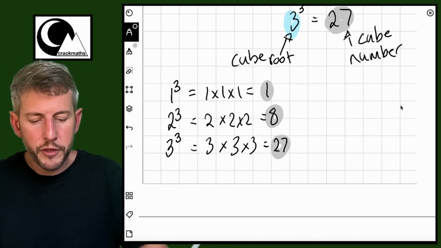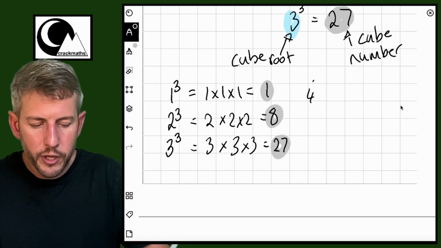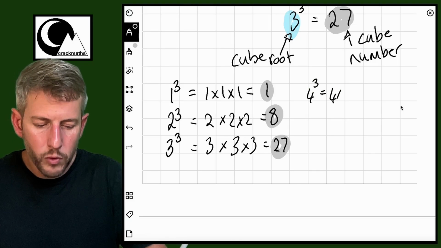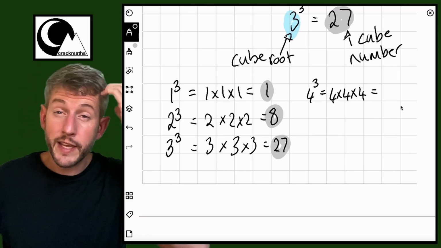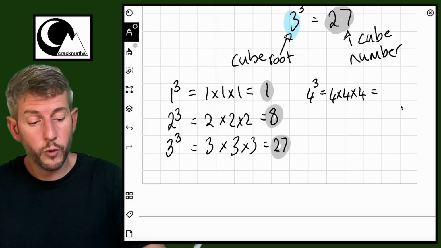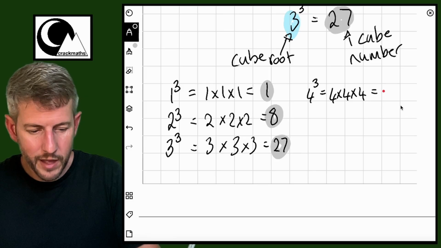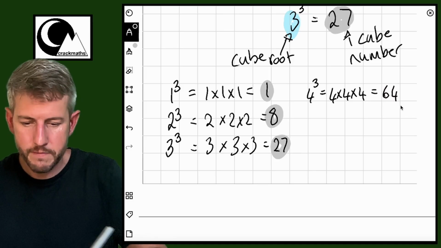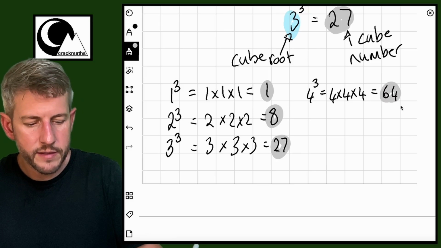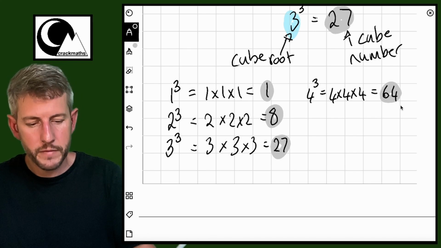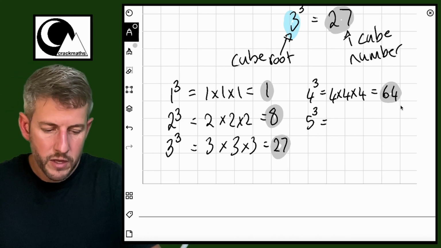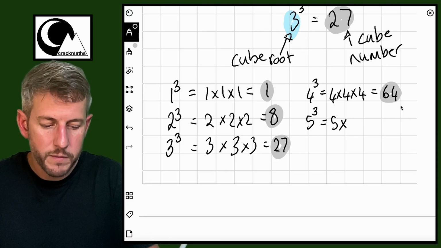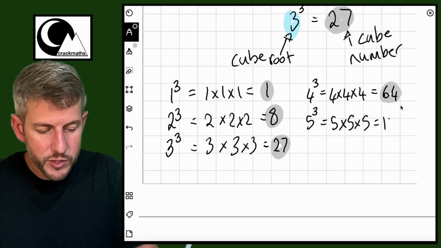Now our fourth cube number that we need to know is 4 cubed, which is 4 times 4 times 4. 4 times 4 is 16, and 16 times 4 is 64. That's our fourth cube number. Our fifth cube number that we need to know is 5 cubed, which is 5 times 5 times 5, which gives us 125.